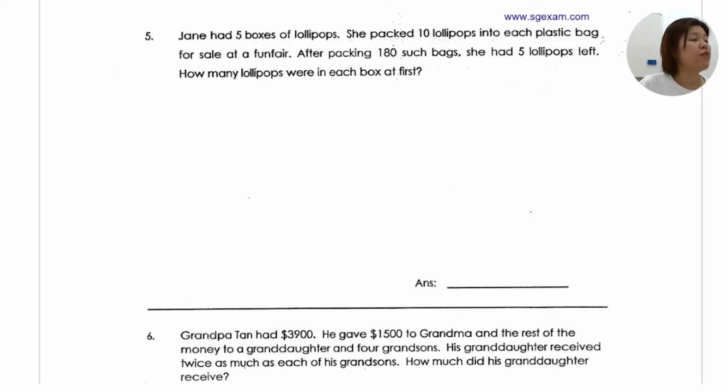Okay, now let's move on to question 5. Shen had 5 boxes of lollipops, and she packed 10 lollipops into each plastic bag for a fun fair. After packing 180 such bags, she had 5 lollipops left.